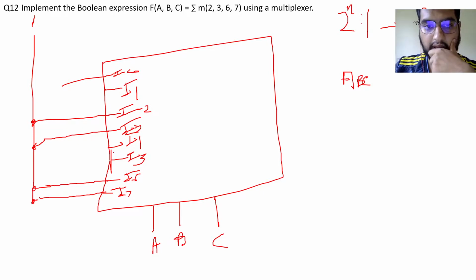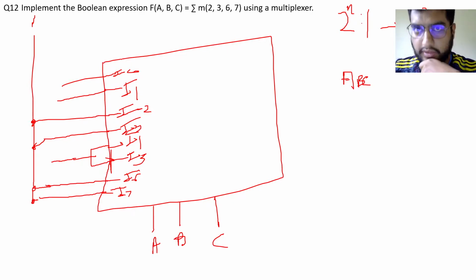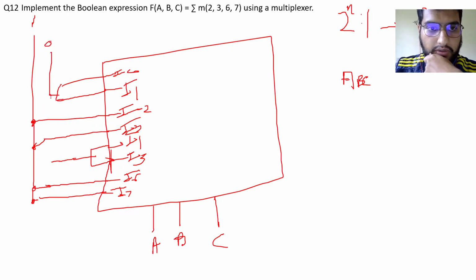All the other inputs will be connected to 0. In this way we can implement this Boolean expression using a multiplexer.